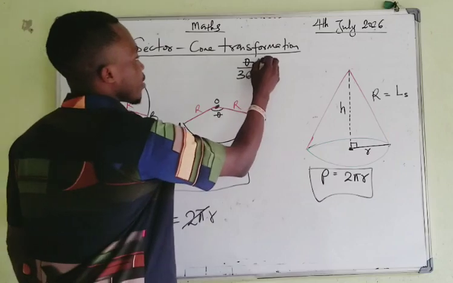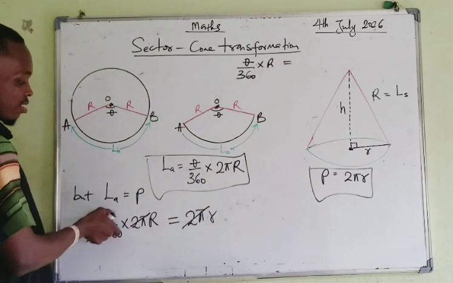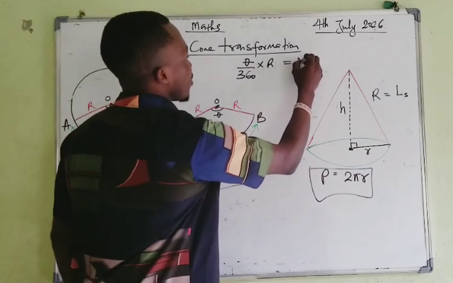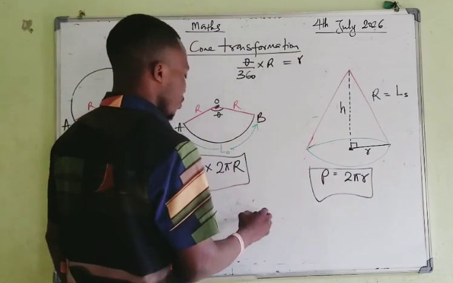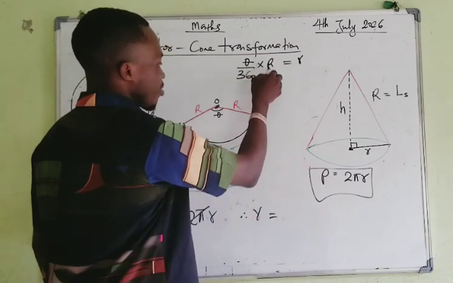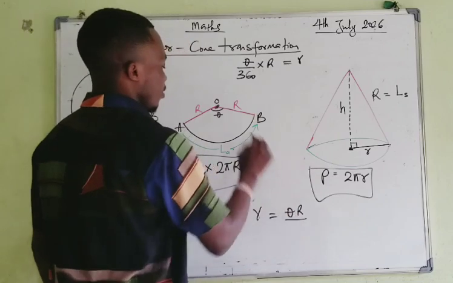We have theta over 360 times R, which is now equal to our small r. Therefore, small r equals theta R over 360.